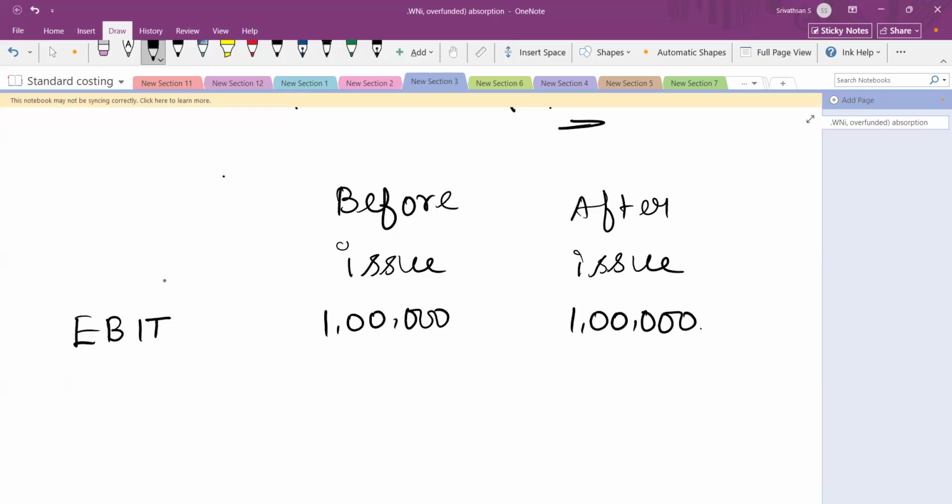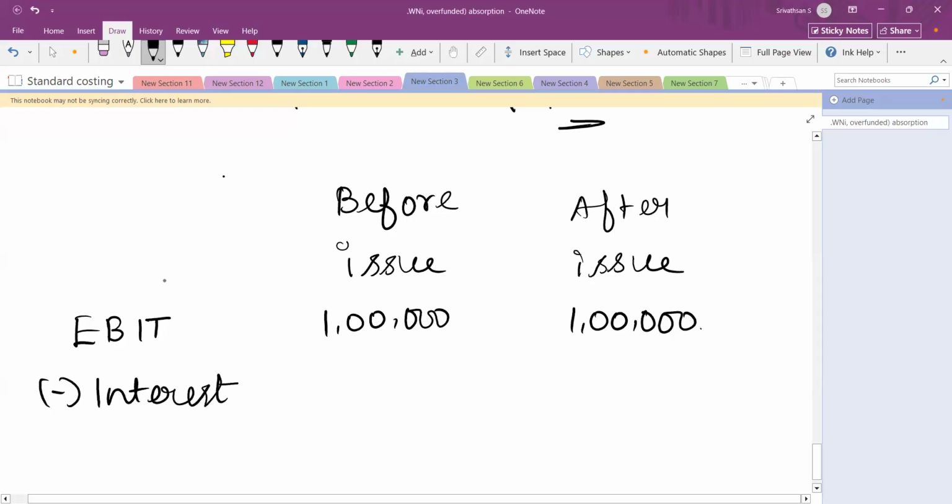There is no change in the EBIT of the firm before and after the issue of debenture. From EBIT, we have to subtract the interest expense. Now, before the issue of debenture, there was no debt in the company. Let's assume it is a 100% equity company. So there was no interest expense before the issue of debenture.